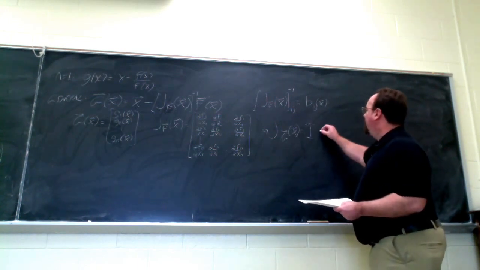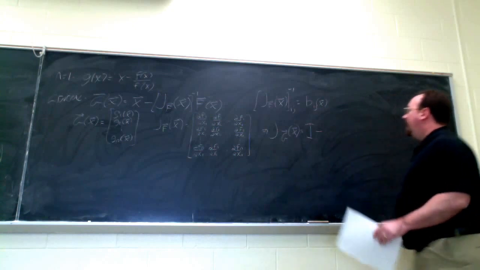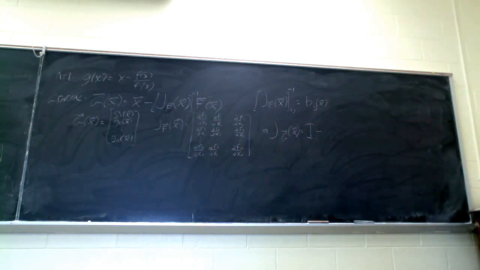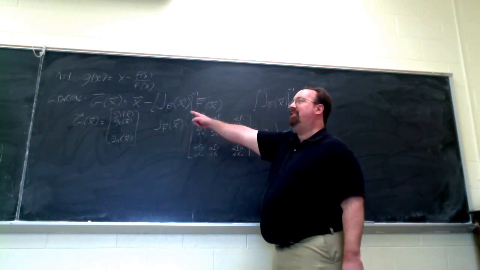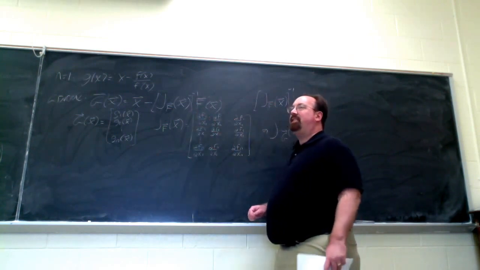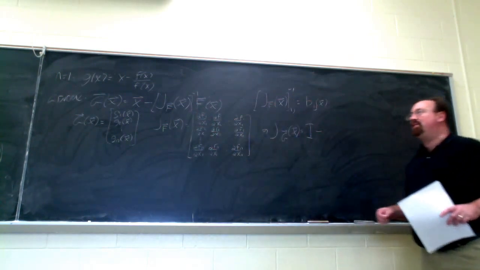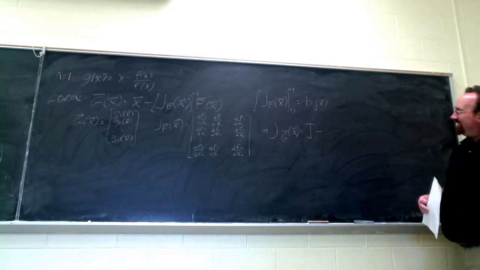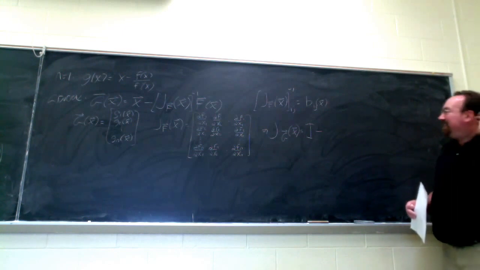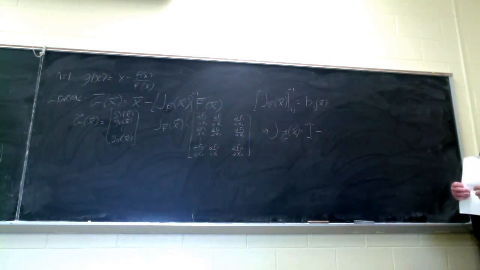And then, I've written down the notes element by element, but I want to avoid that for as long as I can because it's ugly. Here we have a matrix that's a function of x times a vector that's a function of x, and we have to take the Jacobian matrix of all of that. Good luck. The way you would handle that is basically by using a product rule.